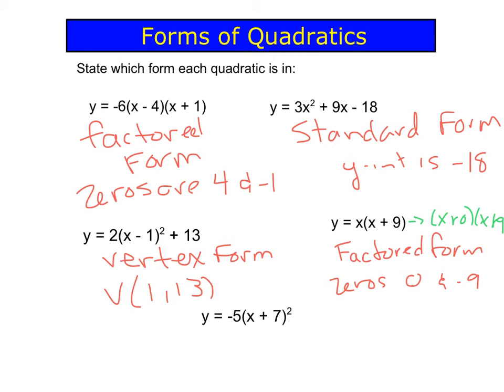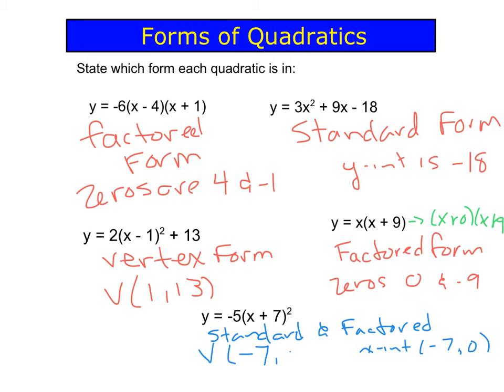It's actually in two forms at the same time. It's in standard form. And it's also in factored form. So if I looked here, the x-intercept is (-7, 0). And the vertex is also (-7, 0).